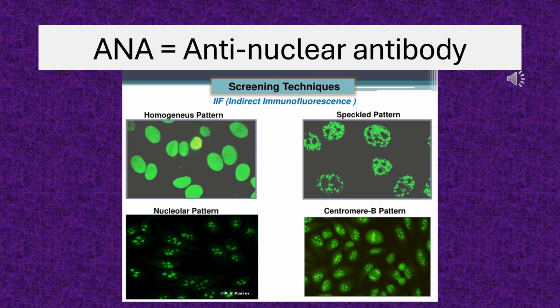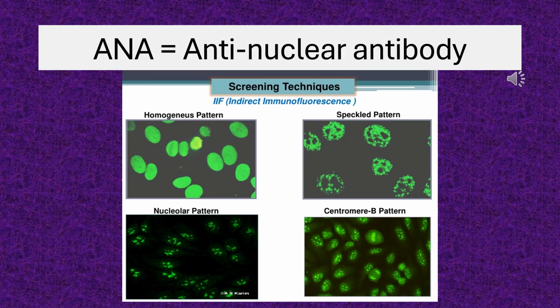An important point about this test is that it is very technician dependent. First of all, there are several steps, and so there are opportunities for error because of the multiple steps. But secondly, the immunofluorescence that is seen might vary from one sample to another.